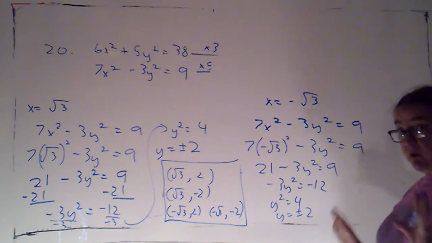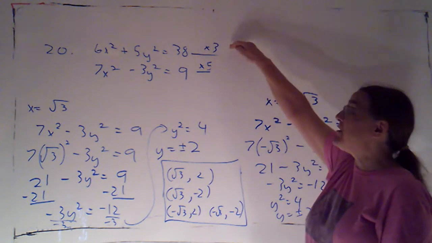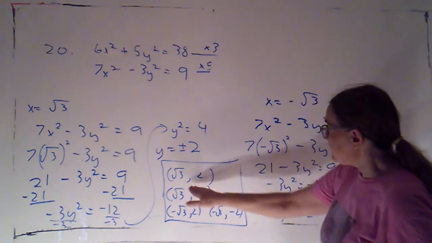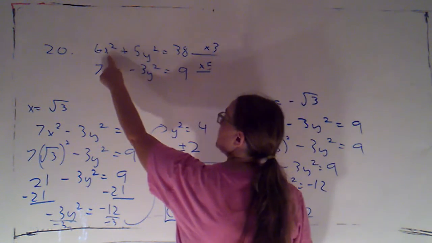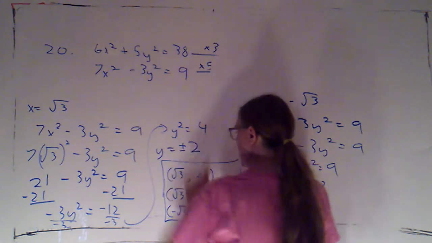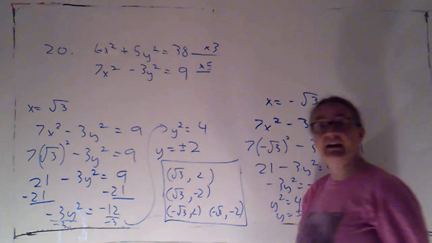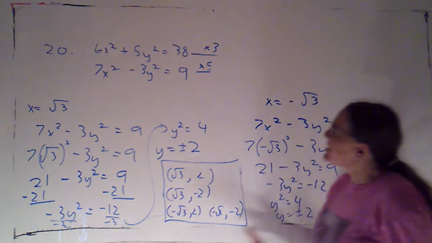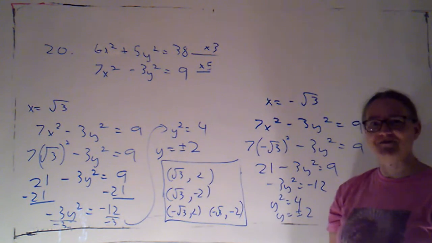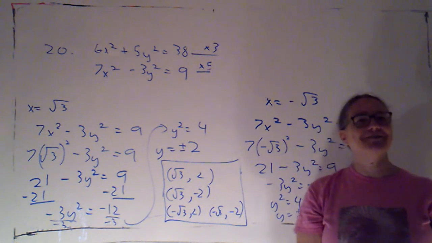Again, although it's not required, it can be reasonable to just plug in and make sure that we've got solutions to the second equation as well. So, root 3 and 2, if I were to square root 3, I would get 3 times 6 would be 18. y squared, 2 squared would be 4 times 5 is 20. 18 plus 20 is 38. And because it was x squared and y squared that showed up here, all these other points are going to check as well, because all of my x values square to give me 3, and all of my y values square to give me 4.